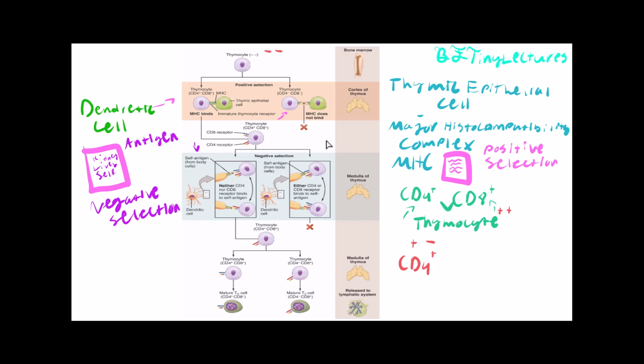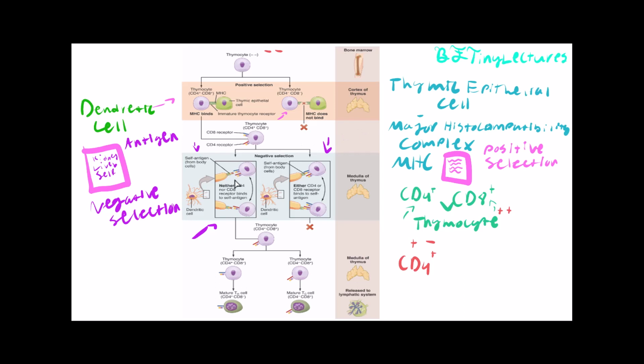So in this picture right there, the thymocyte looks at the major histocompatibility complex and it says, hey, there's an antigen, this antigen is healthy, let's attack it. I'm going to attack Brian's body. Well, you get kicked out of the course. For this portion right here, the thymocyte says, hey, I can read the major histocompatibility complex.